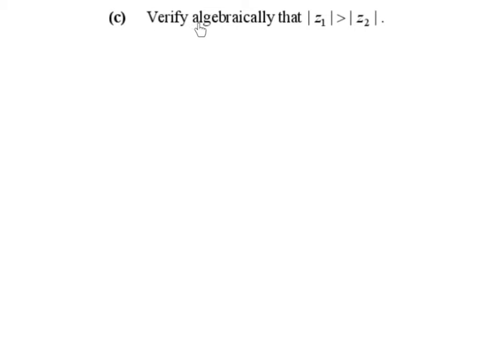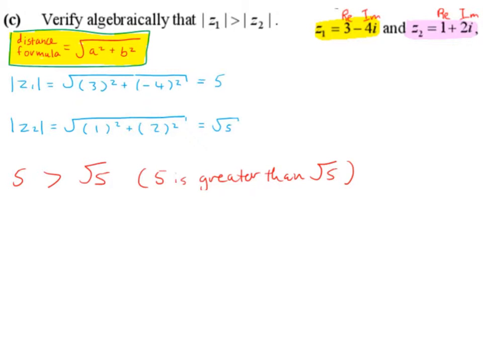Part C. Verify algebraically that the modulus of z1 is greater than the modulus of z2. So we're going to use our modulus, or our distance formula, which is the square root of a squared plus b squared. And we're going to start off with z1. We're going to get the modulus of z1. So we have a big square root, and we put the real part, which is 3, into brackets and square it, plus the imaginary part, which is minus 4, into brackets and square it.